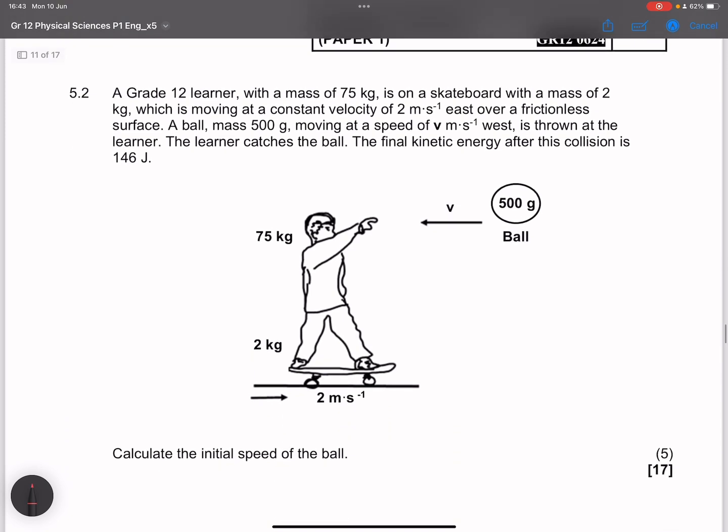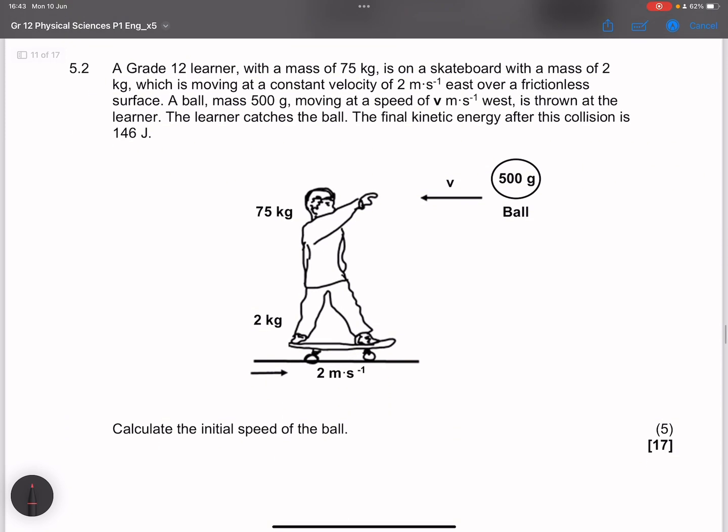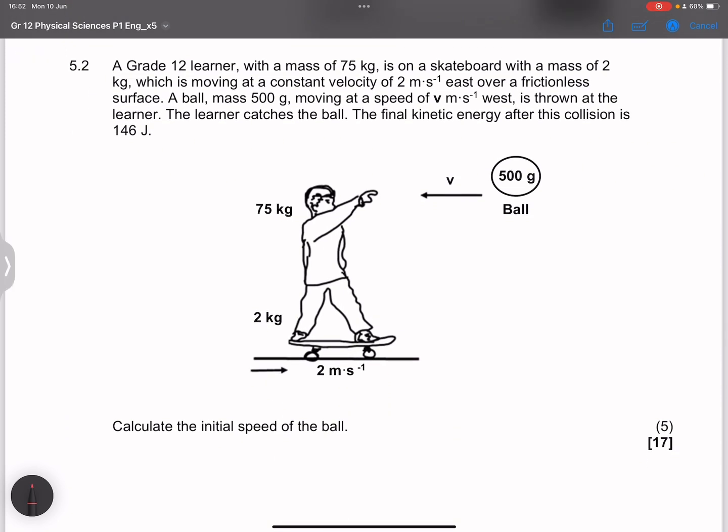Now let's go on to 5.2. They say a grade 12 learner with a mass of 75 kilograms is on a skateboard with a mass of 2 kilograms, which is moving at a constant velocity of 2 meters per second. So let's note there that the boy is 75, the skateboard is 2 kilograms, and they are moving at 2 meters per second to the east, say over a frictionless surface. Very important.